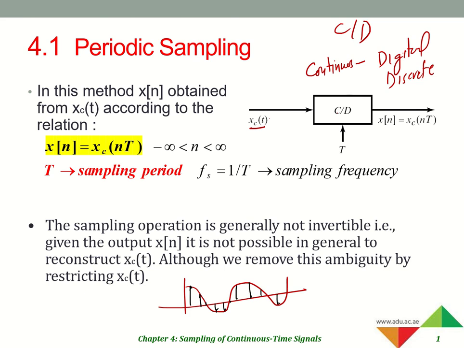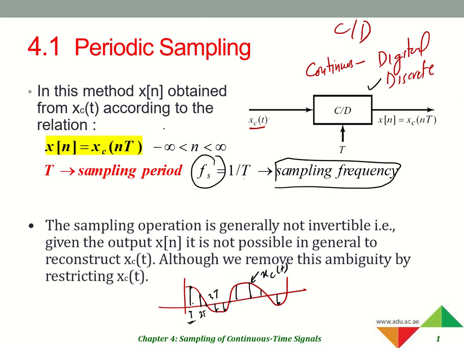Now if I take the samples at different time intervals, for example this is T, this is 2T, this is 3T, that is the sampling period. The inverse of T is the sampling frequency. By taking the samples of a continuous time signal, we can convert that signal to discrete time. This is the general description of that.